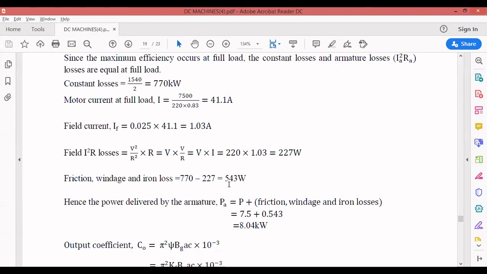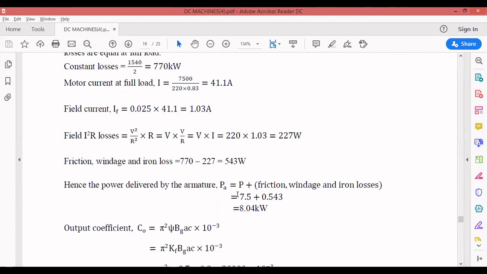770 minus 227 is nothing but 543 watts. Why they subtract this I square R loss from the constant losses, I'll tell you later. Hence, the power developed by the armature PA is equal to P plus friction, windage, and iron loss.